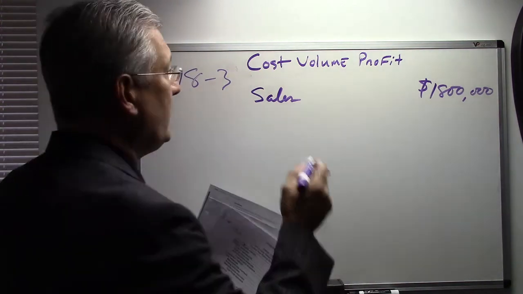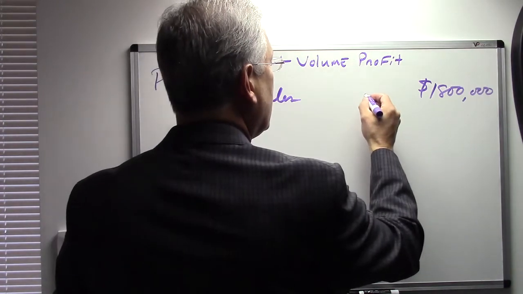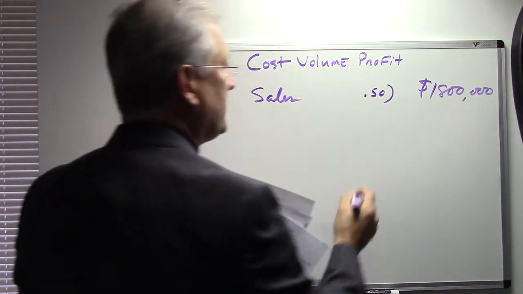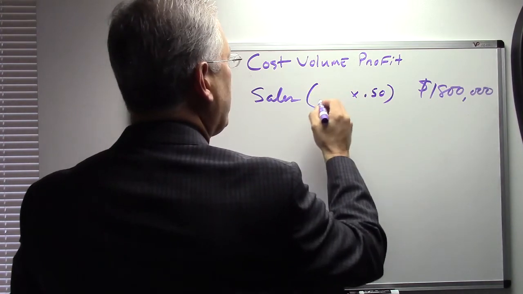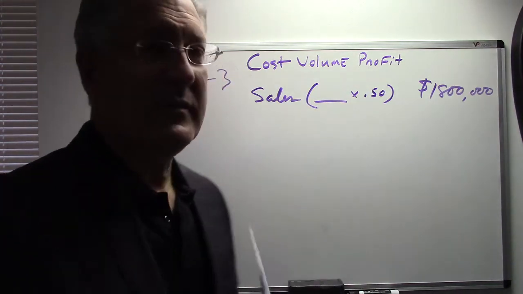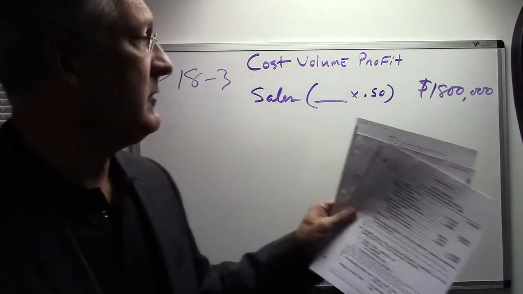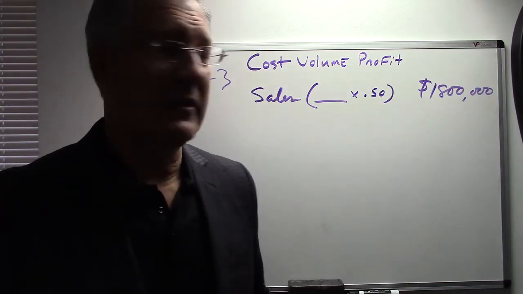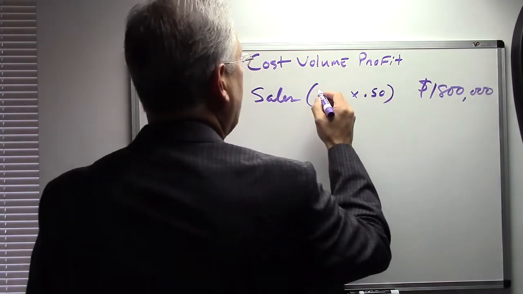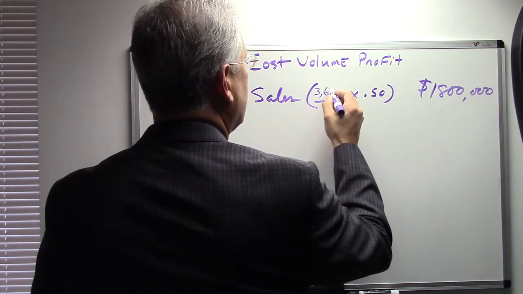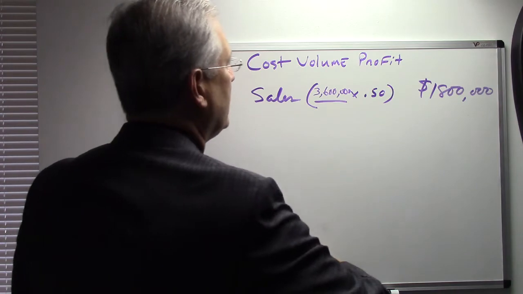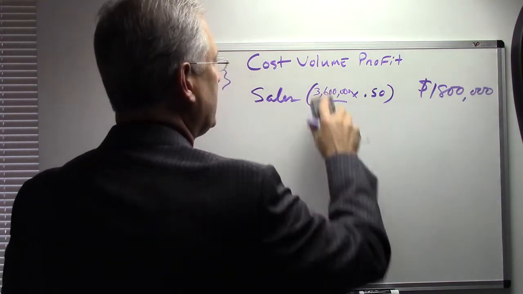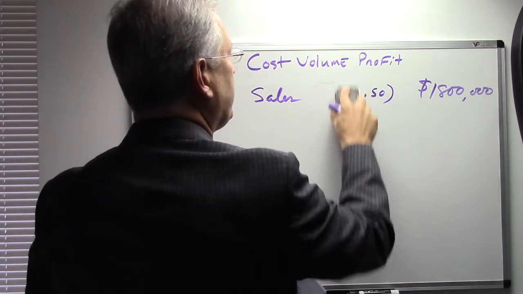So here, we know that the sales price is 50 cents. So some number times 50 cents equals $1,800,000. So they're going to sell 3,600,000. That's 3,600,000. I'm sorry about that.